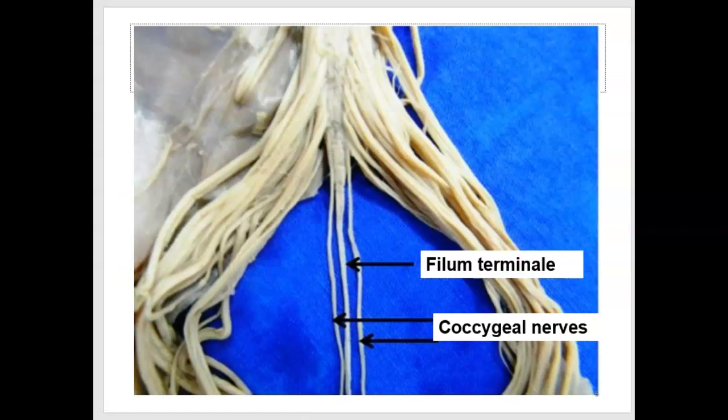This next picture shows you the conus medullaris at the very end of the spinal cord and the filum terminale, which is that dense connective tissue piece of string, so to speak, that anchors the spinal cord, and then the last coccygeal nerves.